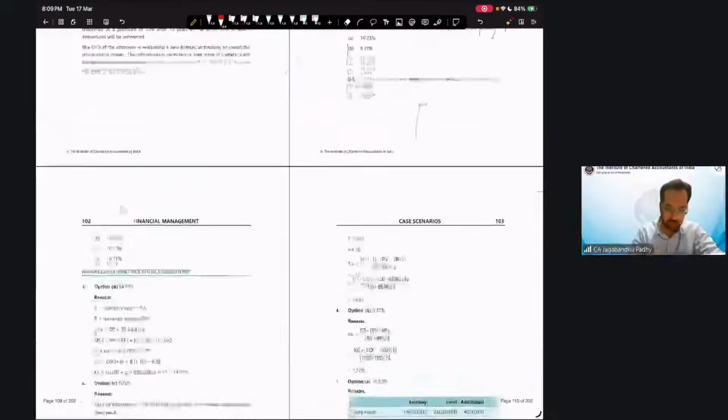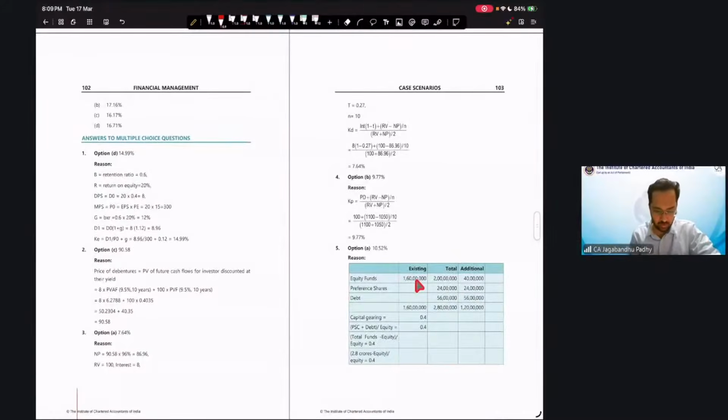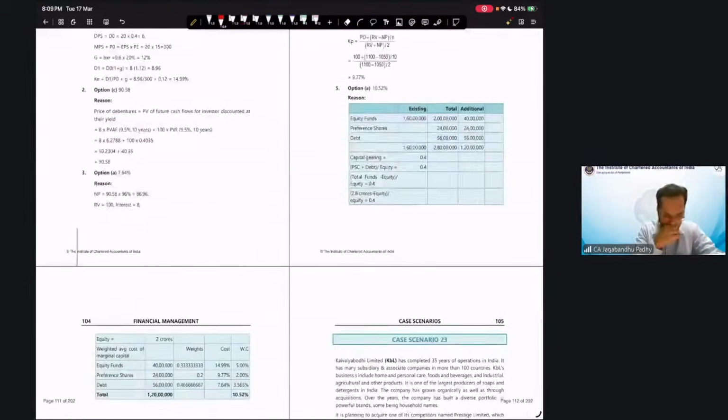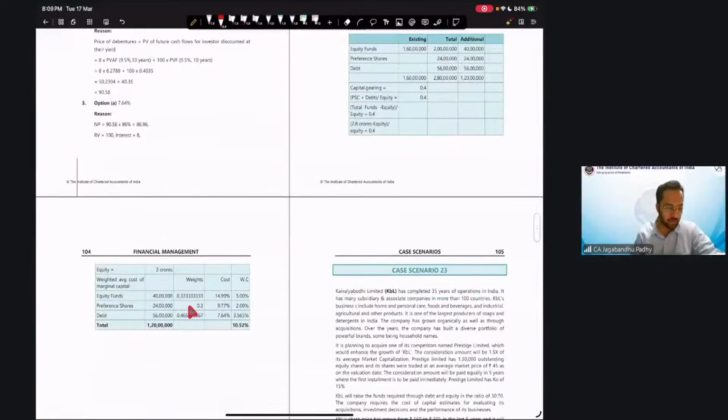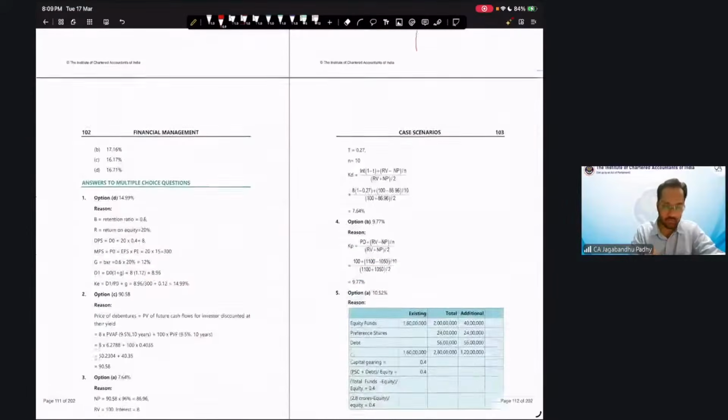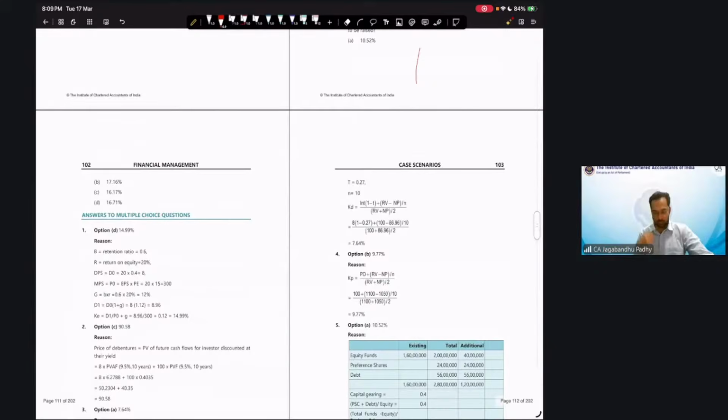So we use these ratios. Existing is 160, and we are getting an additional 120, so total is definitely 280. This total 280 is going to be split into 56 and 224, and the distribution will be done using the capital gearing ratio. And then you use those weights to calculate the weighted average cost. Simple.